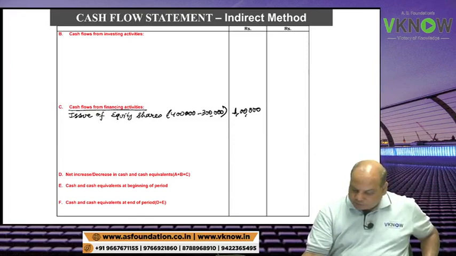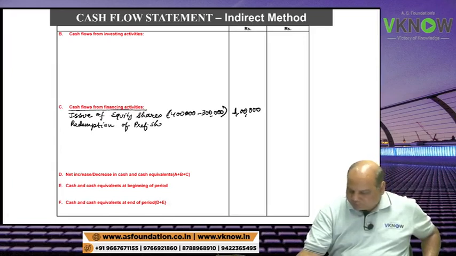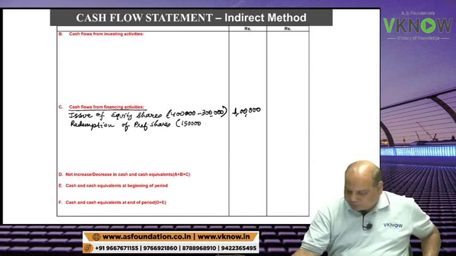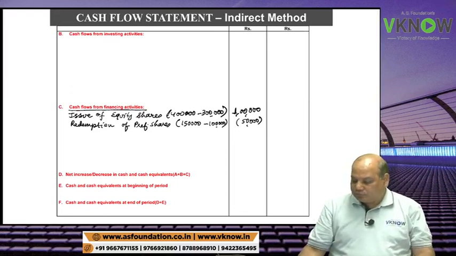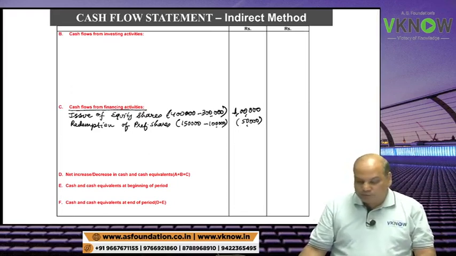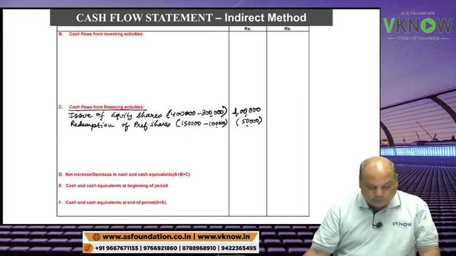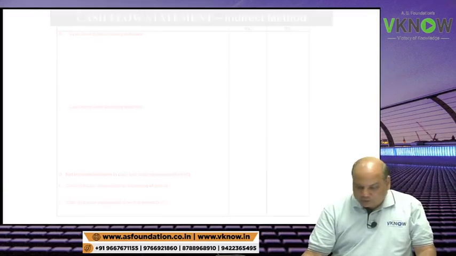So write down in financing activity, redemption of preference shares, in bracket 1,50,000 minus 1 lakh, and you will write 50,000 in bracket. It is an outflow.